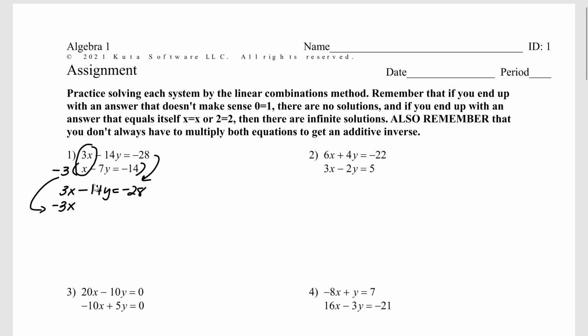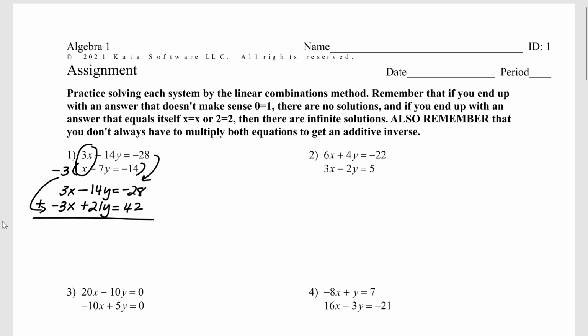My negative 7 will cancel with the negative 3, becoming a plus 21y equals, and I have negative 14 times a negative 3, again canceling out those negatives, leaving me with a positive 42. Okay, remember, linear combinations is meant to help you do less work when there are things that can already cancel straight down. So now that we have these additive inverses, I just stack and add.